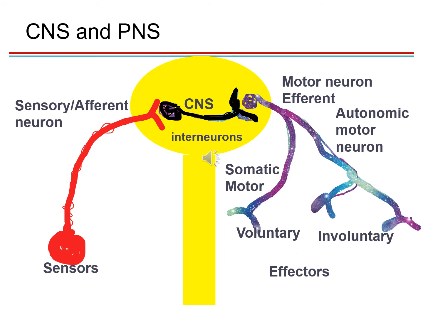And the effectors reached by the autonomic motor neuron are always involuntary. They could be organs, glands, vessels, you name it, but they are always involuntary.